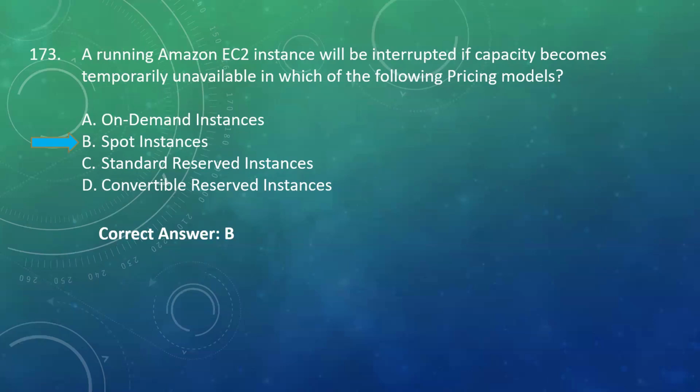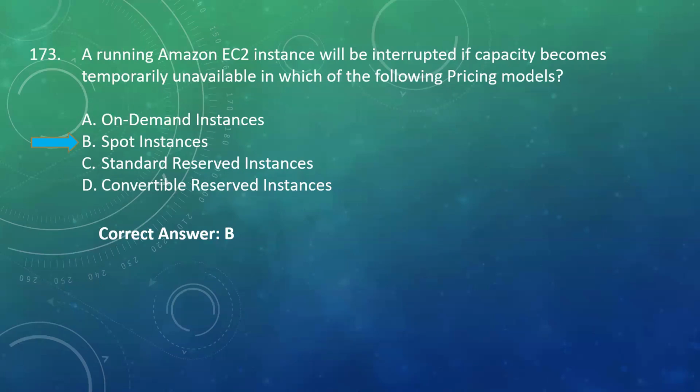So it is always recommended that if you want to use spot instances for cost saving, then you do not put the workloads that cannot handle interruption on those instances. If you have such workloads which can handle interruptions and you are looking for cost saving, then spot instances are best for you. But if your application cannot handle interruptions, then spot instance is not something which is recommended for your use.